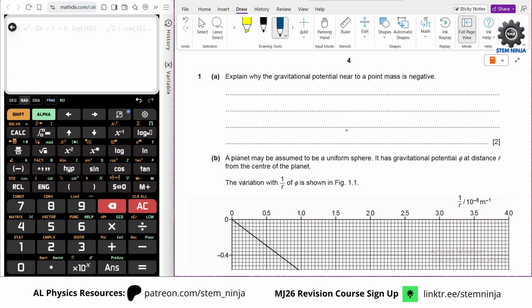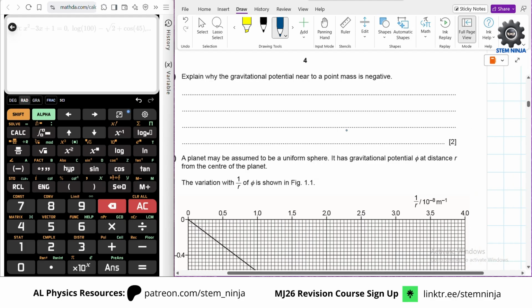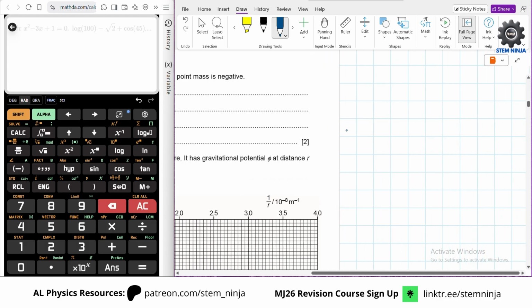Okay, so question number 1. Explain why the gravitational potential near to a point mass is negative. Now, there are 2 points to this, and one of the points you can rephrase differently.